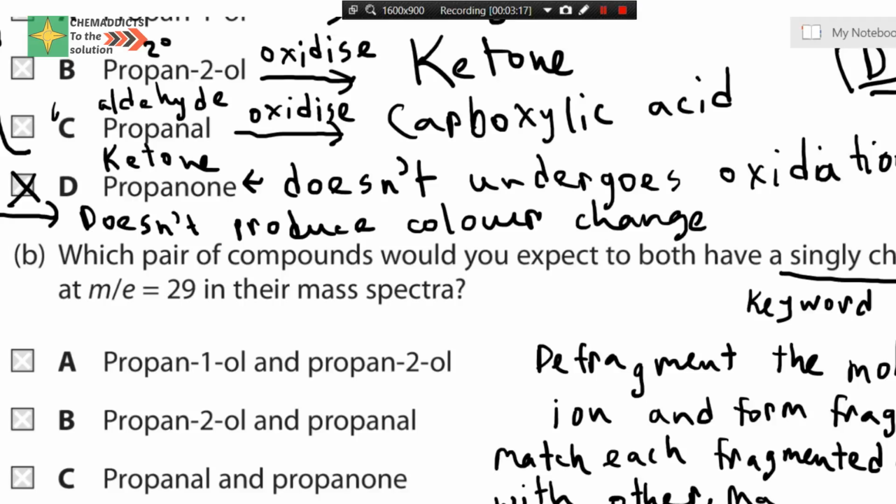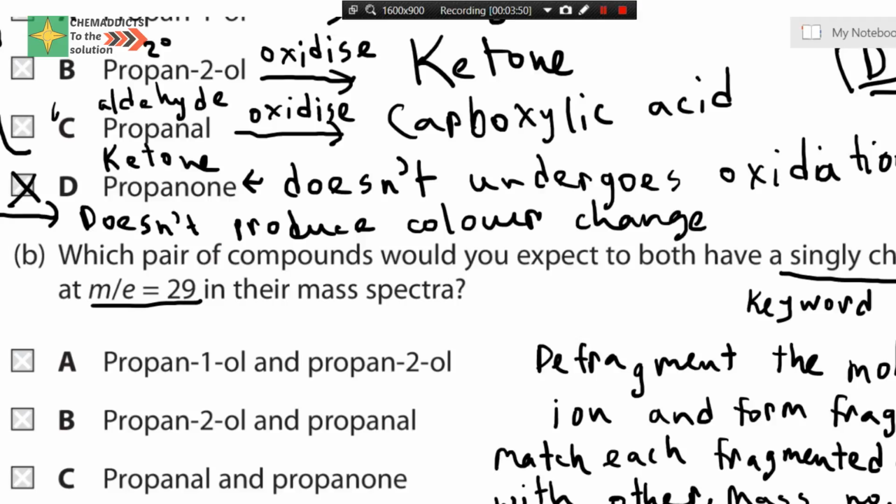First we're gonna find the fragmented molecules, then we're gonna match the mass number of fragmented molecules with the other by matching with this mass by charge ratio.